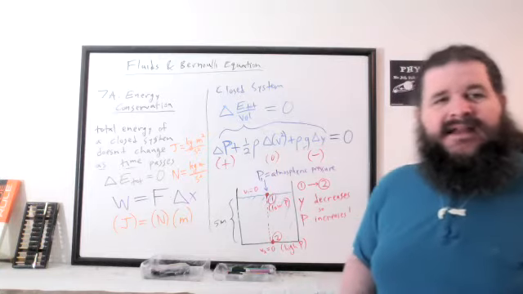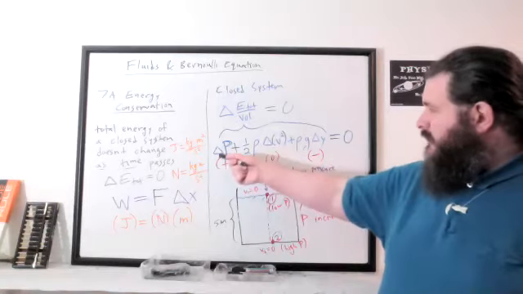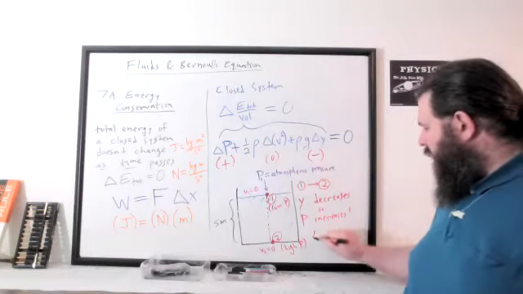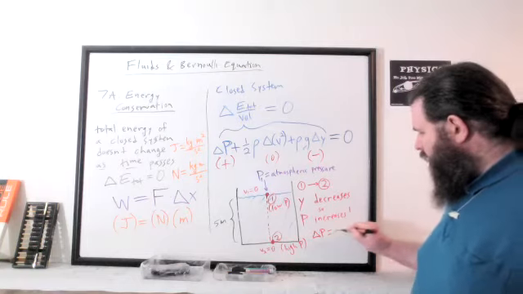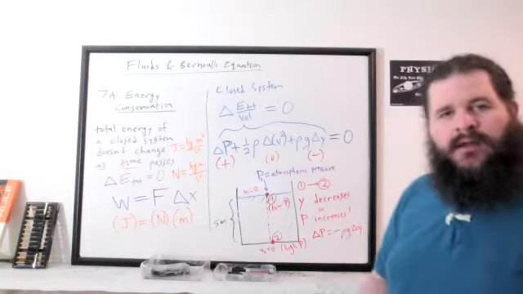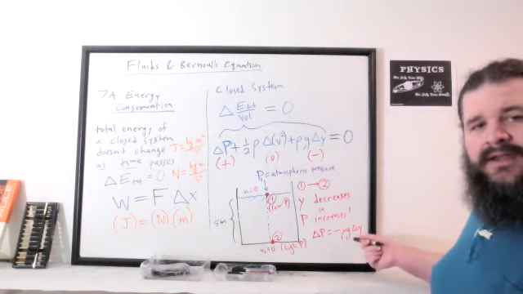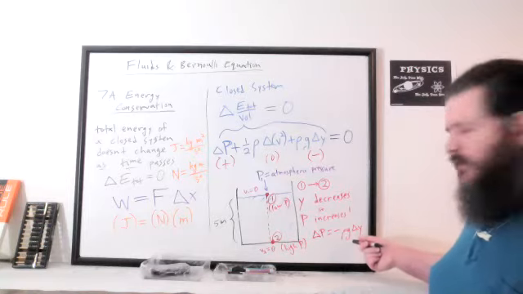And we can even calculate how much pressure we're gaining. We know this is 0, so you can solve for delta P just by subtracting rho g delta Y. Delta P equals negative rho g delta Y. So we know the density of water, 1,000 kilograms per cubic meter. We know the acceleration of gravity, about 10 meters per second squared.